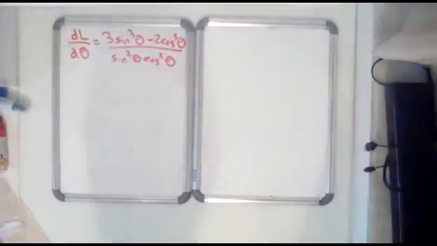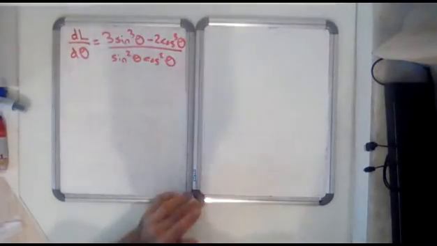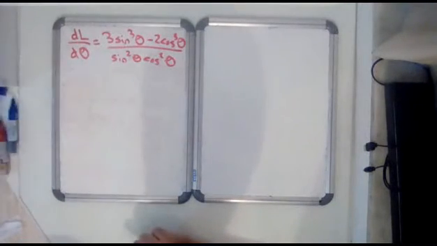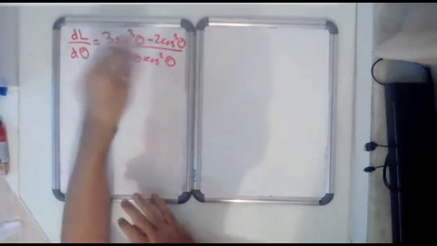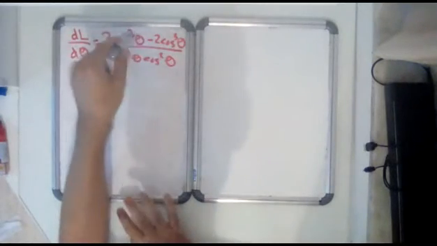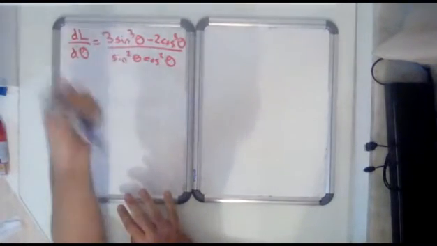We've been asked to show when dl by d theta equals 0. It looks a lot more complicated than it actually is, because you've got this fraction which is made up of a function of theta on the top, divided by a function of theta on the bottom.